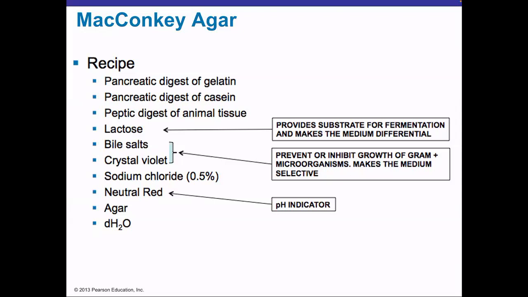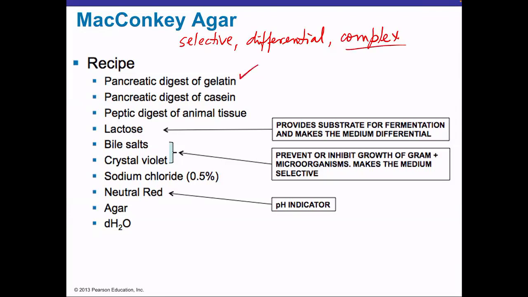Then let's now go to the last medium that we are discussing today. This one is called the MacConkey agar. Here we are in the presence of a selective, differential, and complex medium. Why is it complex?